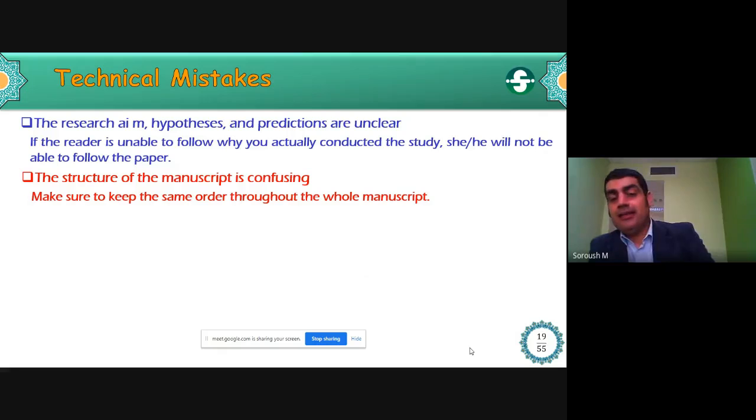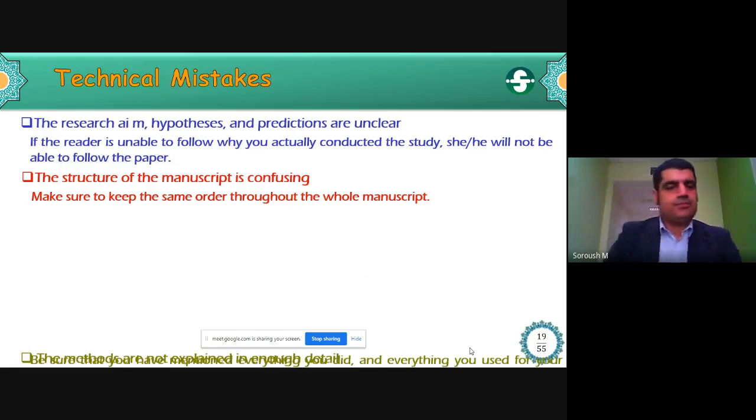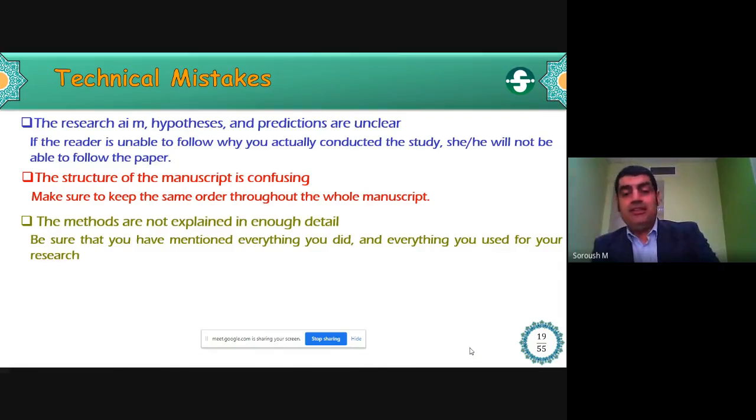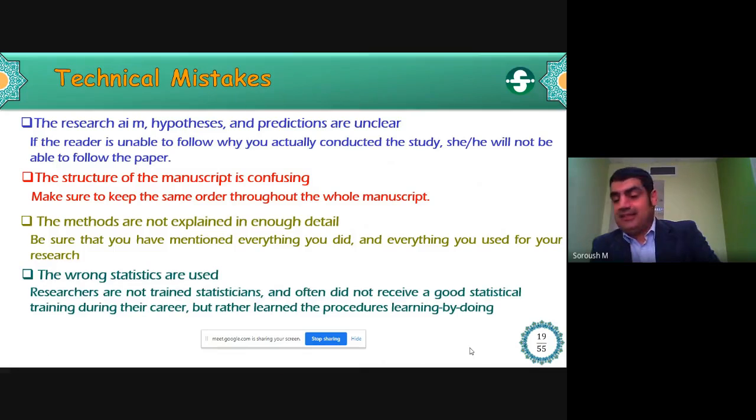We will give you some angles about this in our presentation later. The methodology should be detailed, to be repeated, as I mentioned before, and also wrong statistics.